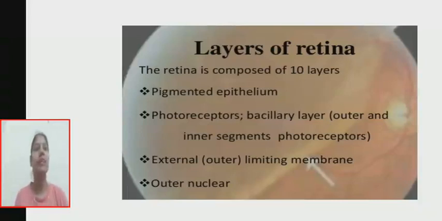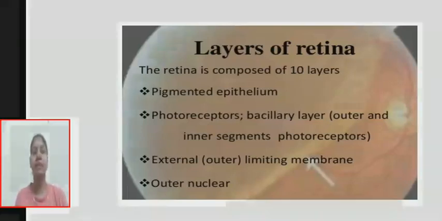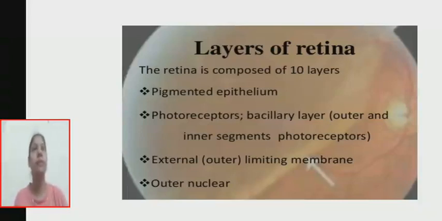The retina is composed of 10 layers. Number 1 is the pigmented epithelium. These layers start from anterior to posterior. Anteriorly is the pigmented epithelium, then the photoreceptors, basal layer, outer and inner segments of photoreceptors. Externally, it's the outer limiting membrane and outer nuclear layer.